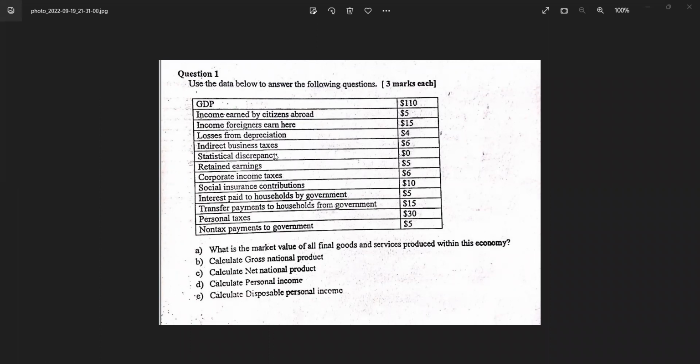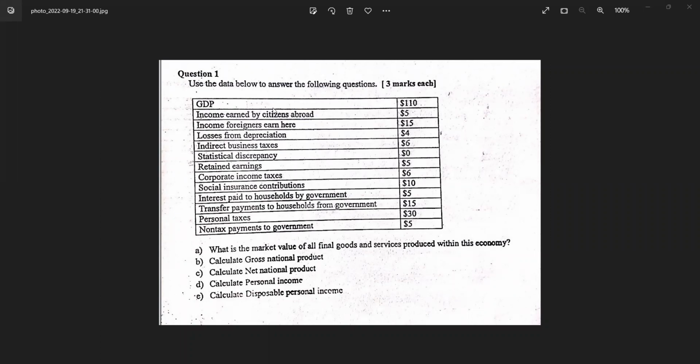There was no statistical discrepancy here; it's given as zero. Then retained earnings, corporate income taxes, social insurance contribution, interest paid to households by government, transfer payments to households from government, personal taxes, and non-tax payments to government.